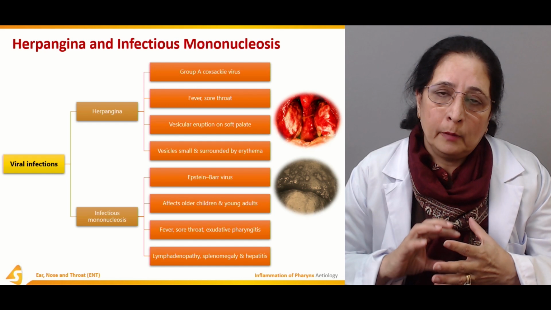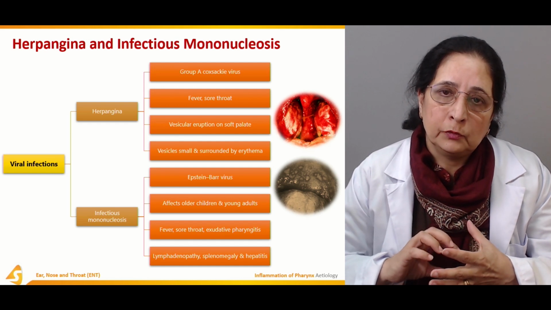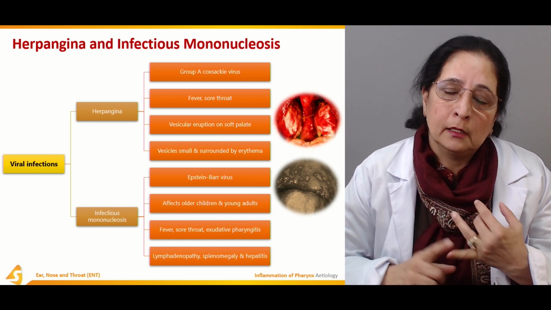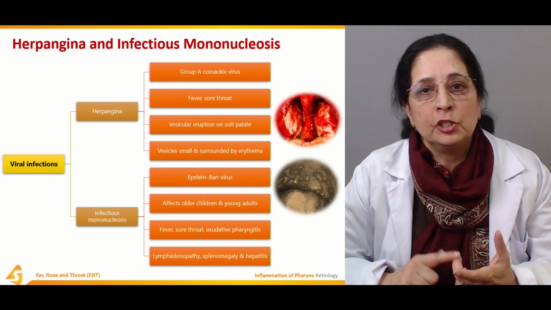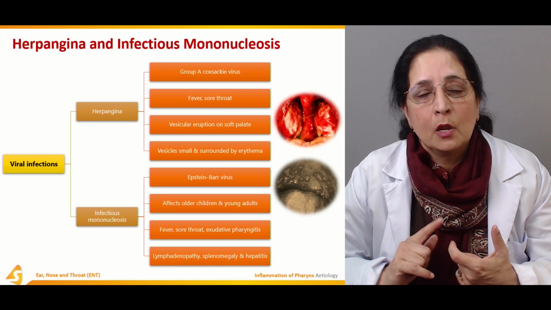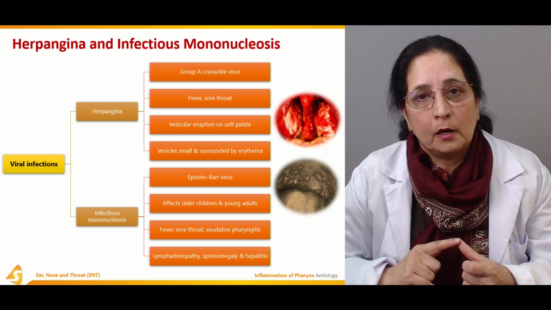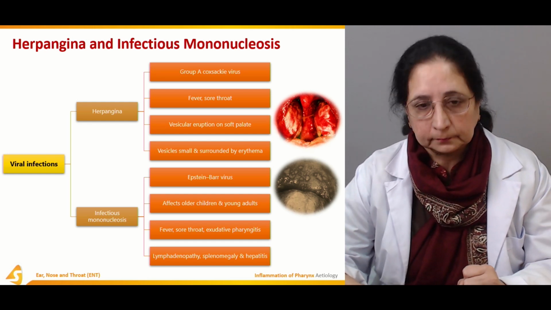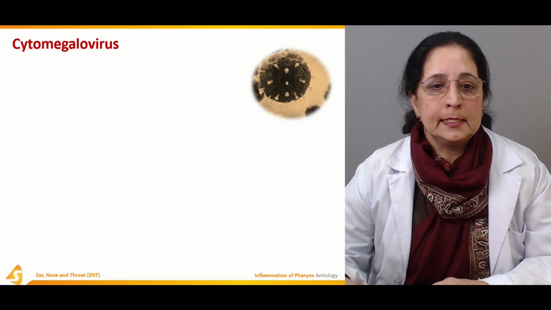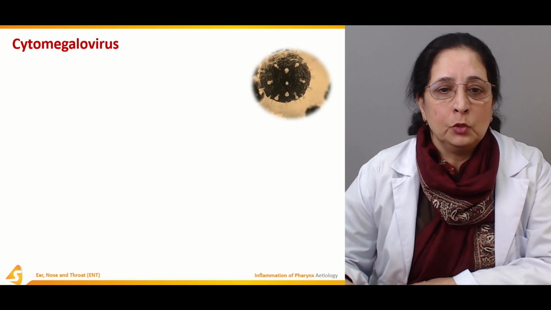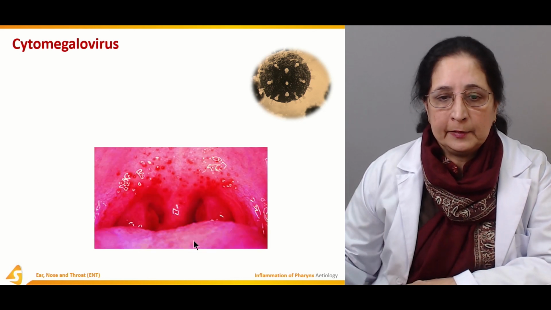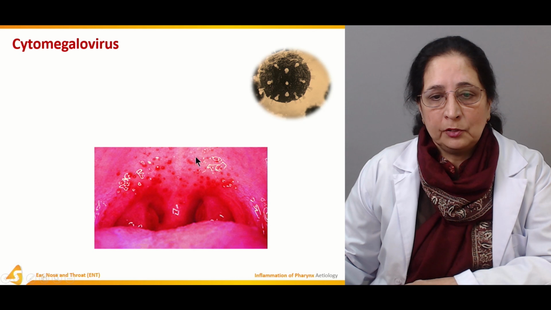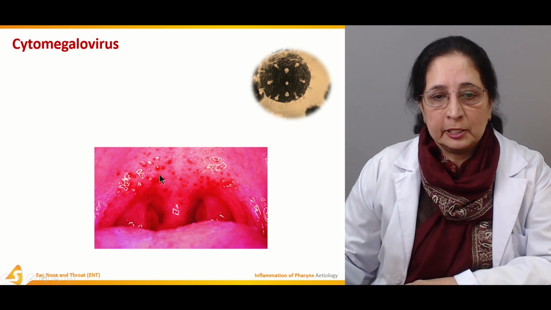So two common conditions which we talked about so far are herpangina caused by Coxsackie virus, and infectious mononucleosis caused by Epstein-Barr virus. Then the other is CMV, cytomegalovirus. That's the presentation. You can see the throat is all red and congested.